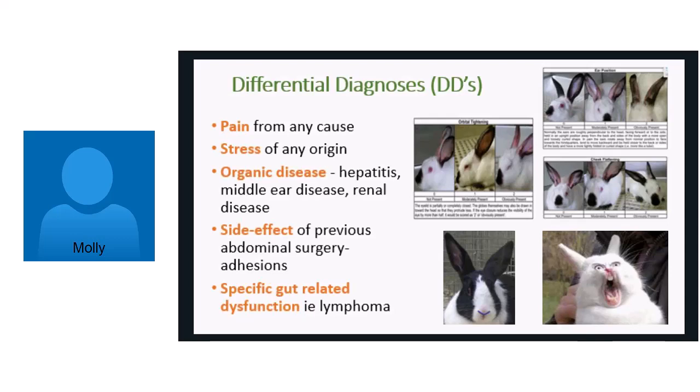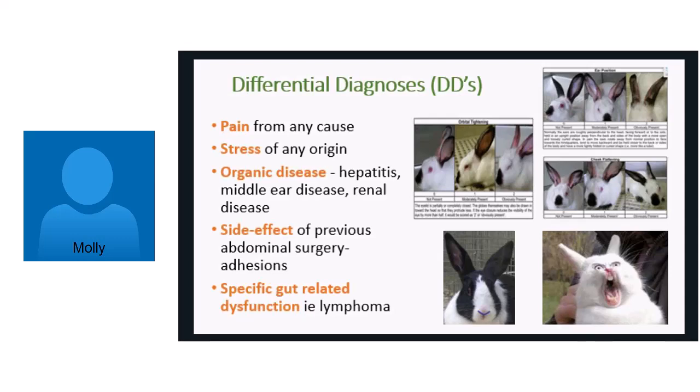Organic disease, so renal failure, hepatitis, middle ear disease, anything that's going wrong can have a sequel in gut stasis. It may be simply a side effect of previous abdominal surgery. For example, ovariohysterectomy would be a common example of something that may cause post-surgical adhesions.